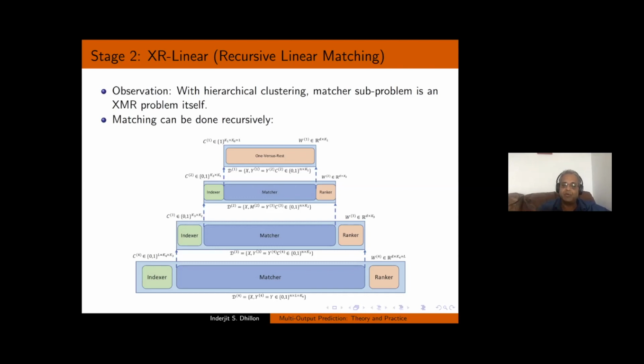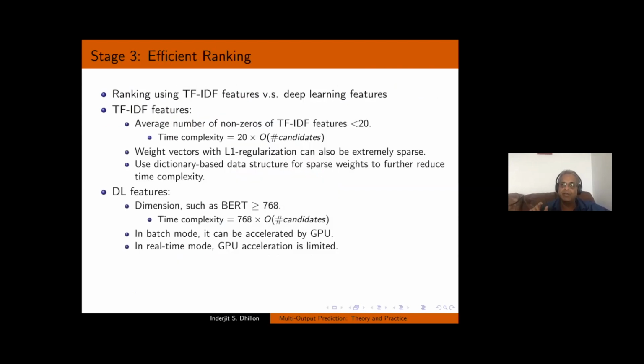And then once you get to the cluster of labels, these are now the few thousand candidates that need to be ranked. We have many fewer candidates, so we can spend more time to do some sort of ranking, but it still has to be done efficiently if we want to achieve millisecond latencies.